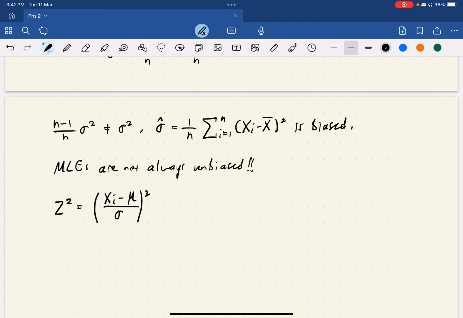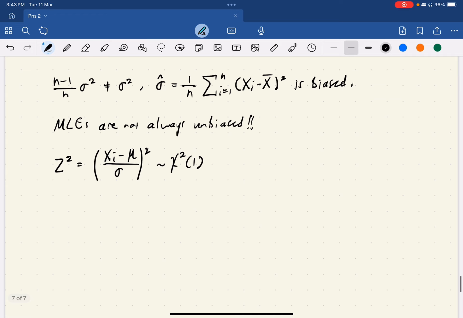So z is similar to the formula for the z score, right? You take the random variable, you subtract its mean, you divide by the standard deviation. So if you were to square this, then you know that this equals a chi-square random variable with degree of freedom 1.